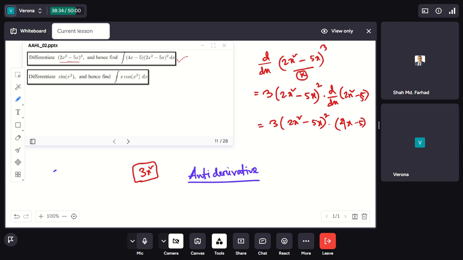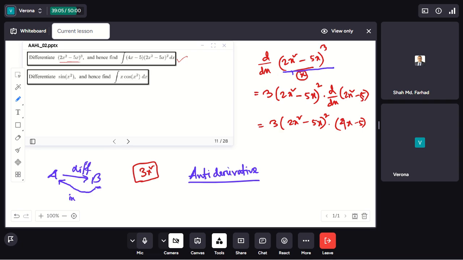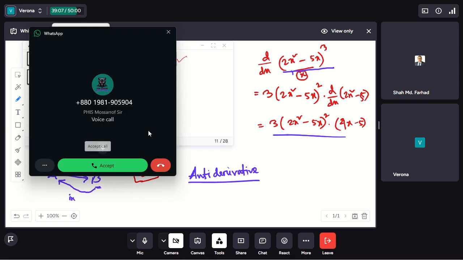That means if we consider two terms a and b, if we differentiate a and get the result b as the derivative, then if we integrate b, we will get a. Correct. So now here, we have the derivative of this term.